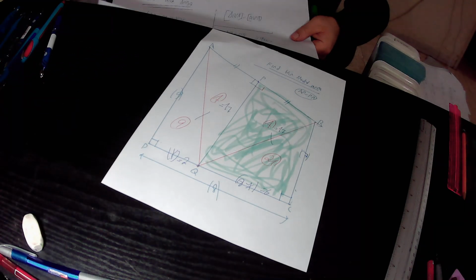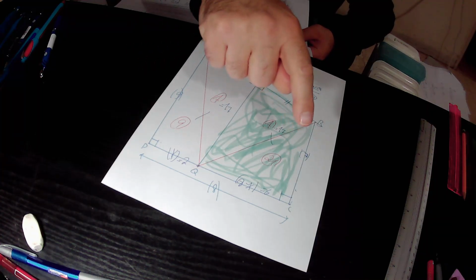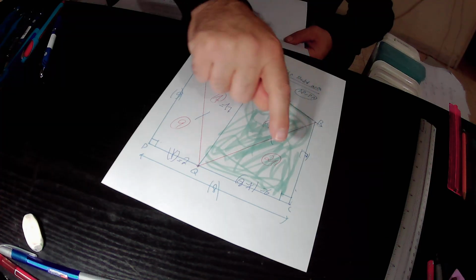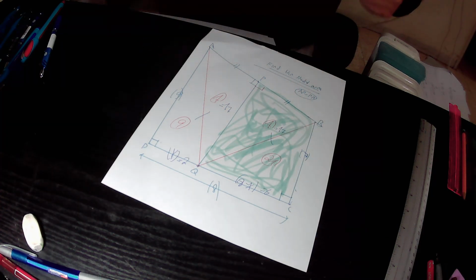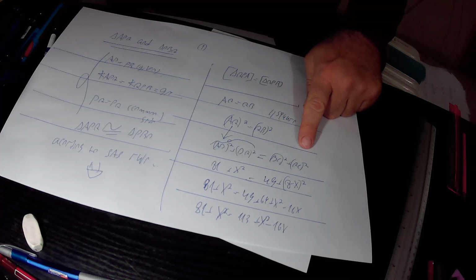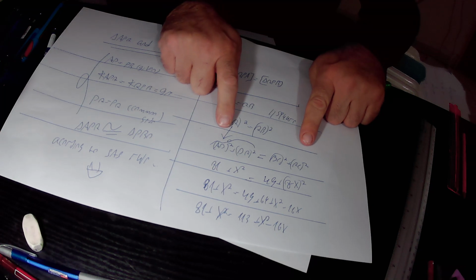Likewise, in this triangle BQC, BQ squared equals BC squared plus CQ squared. So AD squared plus DQ squared equals BC squared plus QC squared.